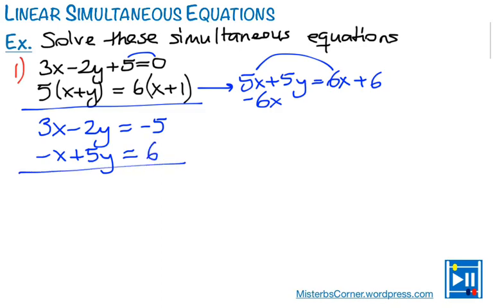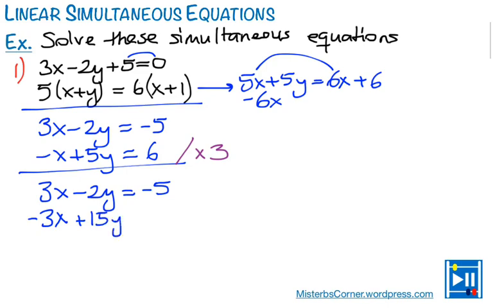Right, now these look like the simultaneous equations that we know, and all I have to do now is to expand this by 3. Right, so I'll have the first equation being the same, and the second one minus 3x plus 15y equals 18.